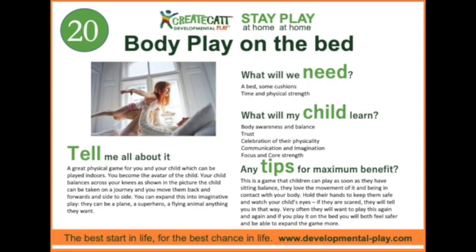The next exercise I just wanted to show you was body play on the bed. Now you can see in the image here on this slide that the child is balanced on the parent's legs. Now what you're doing here, you've got the knees stabilizing the child's core. You've got the parent holding the child's hands and looking into their eyes.